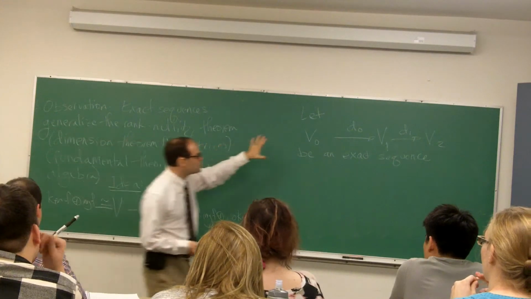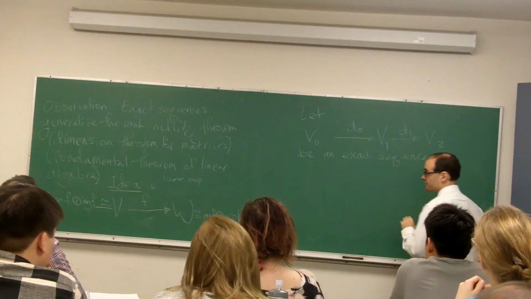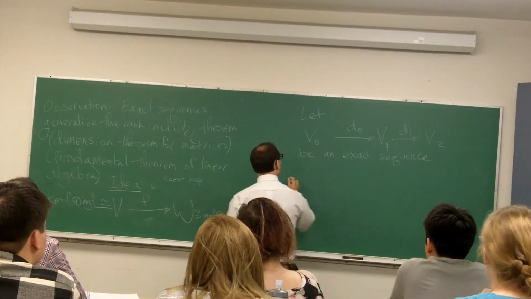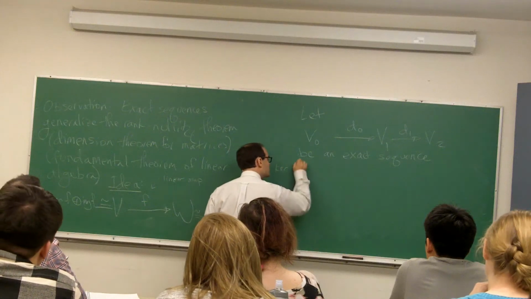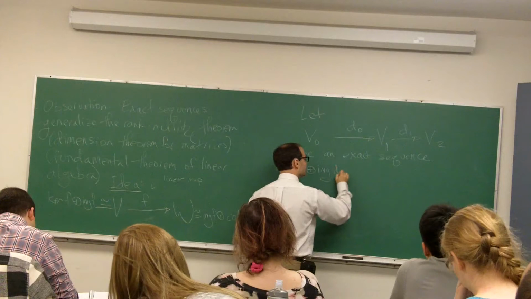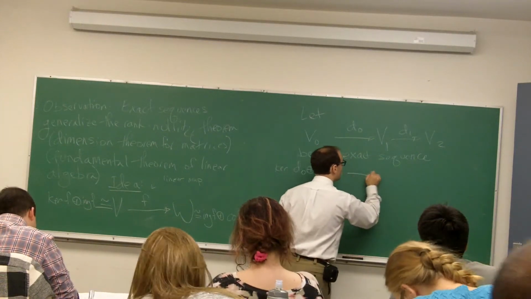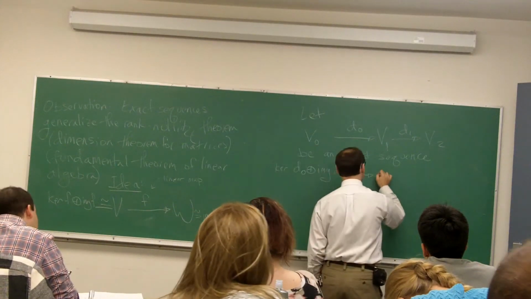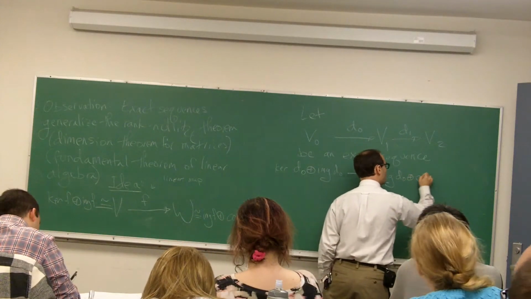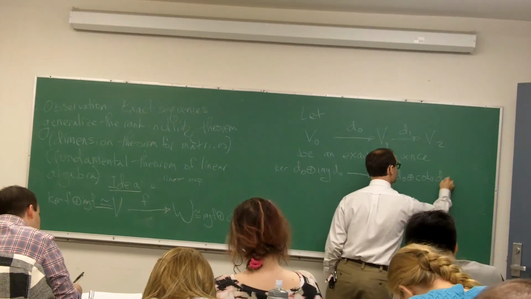Okay, so let's decompose this exact sequence in terms of that kind of decomposition. Over here, I've got the kernel of D0 and the image of D0. Now, what happens on the other side? I've got the image of D0 and the co-kernel of D0.